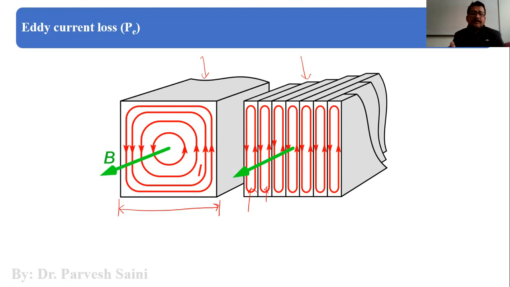So they would not pass to another region, and hence we can reduce their effect and their intensity in the core of magnetic circuits such as a transformer. So these are the circular currents.